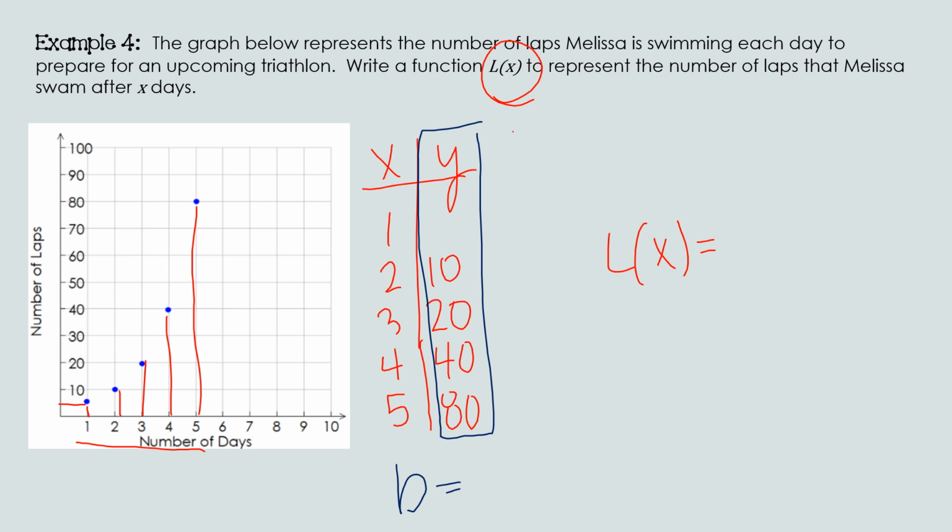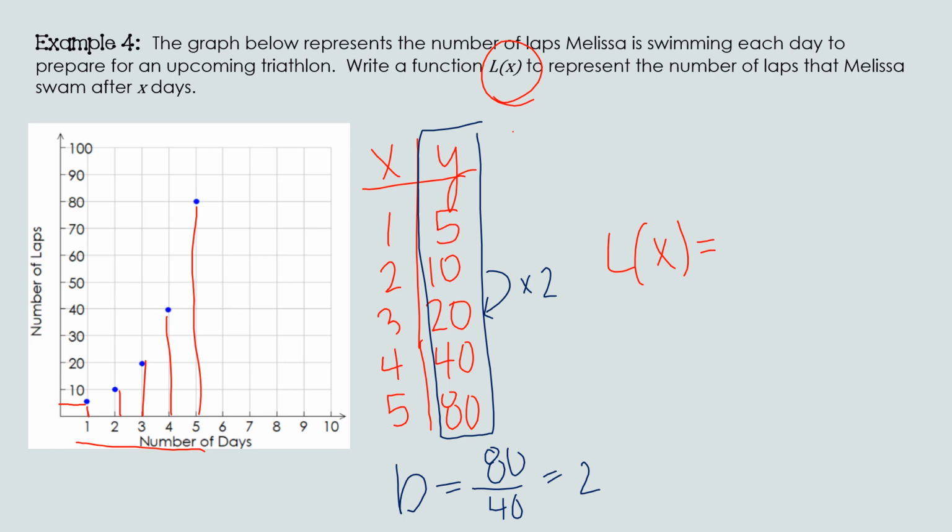You could start with 20, but you would need to divide by 10. If you go the other way, it's going to look like it's decay versus growth, okay? So I can do 80 divided by 40, which gives me 2. So that tells me that the pattern here is multiplying by 2. So after 1 day, she would have swum 5 laps.